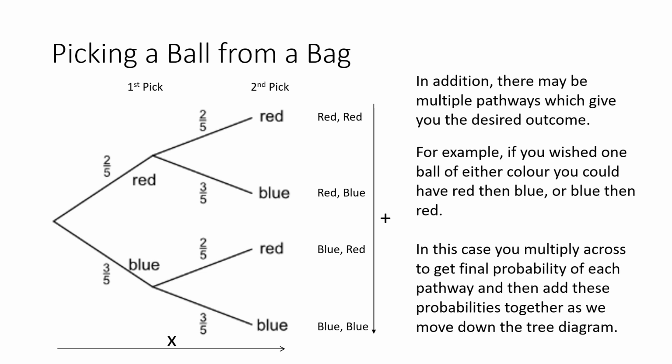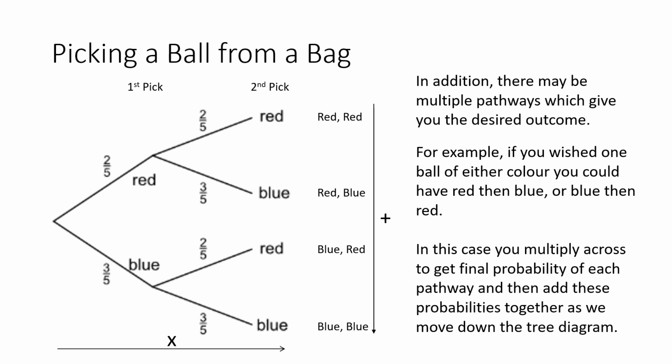In addition, there may be multiple pathways which give you the desired outcome. We just had blue. There's only one way you can get a blue and a blue. However, what if I wanted to get 1 red and 1 blue? Well, I could either get red followed by a blue, or I could get a blue followed by a red. So in this case, I have to do a couple of calculations. First, you have to multiply the probabilities as you move across.